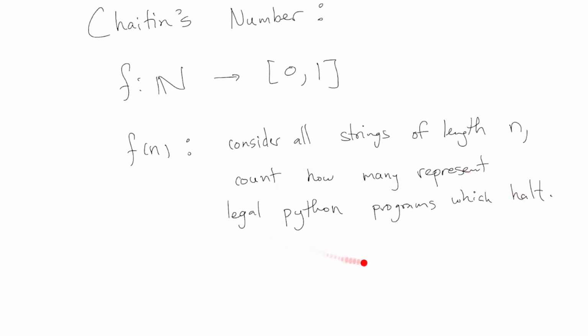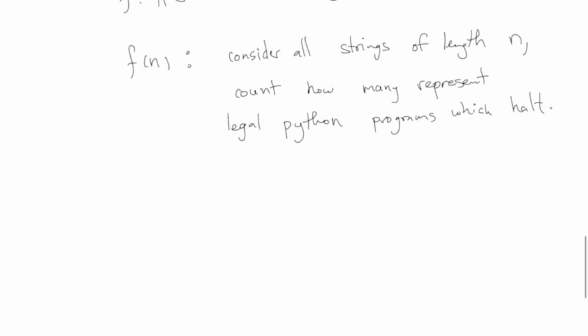For example, if they begin with the comment sign, is it the hashtag in Python? If they begin with that, then it's going to be legal and it will halt, right? Most of them will not be legal. But anyway, you count how many represent legal Python programs which halt. This f of n, these numbers will be fairly small, like most of them are not.